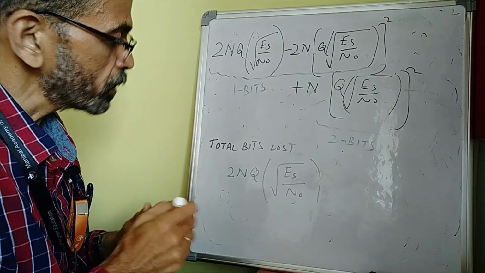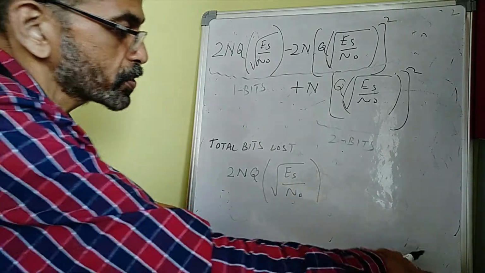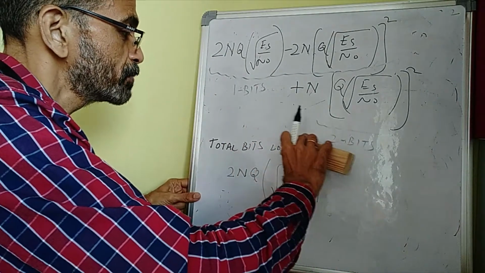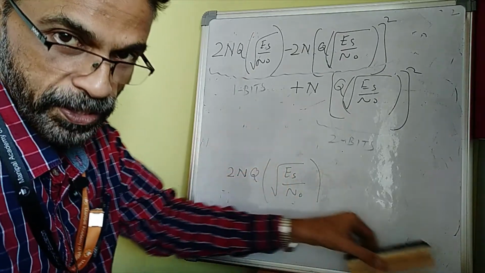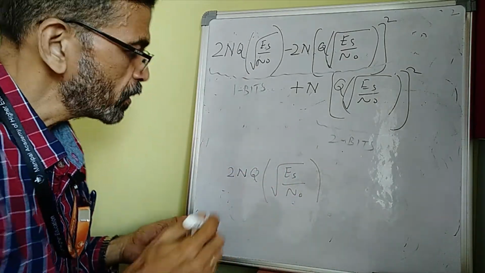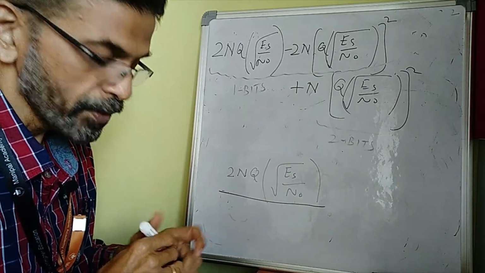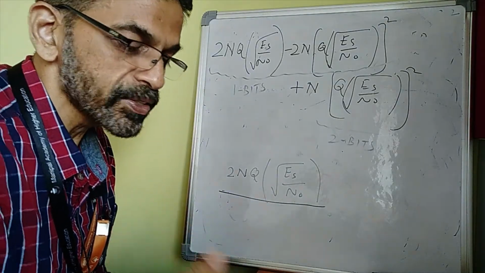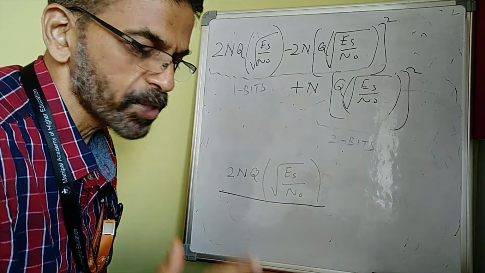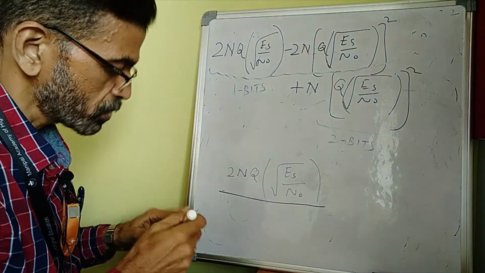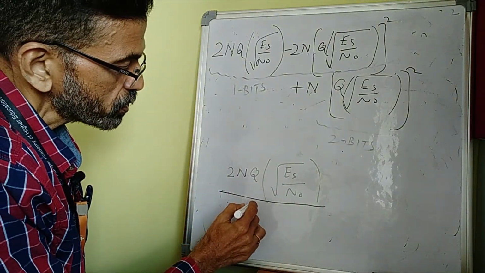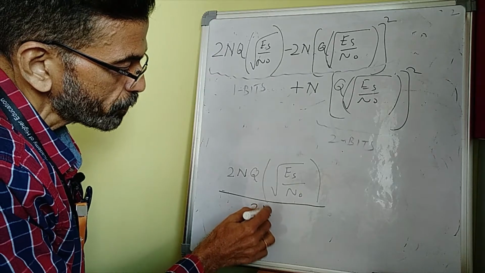Now if you divide the total bits lost by the total bits transmitted, you will get the bit error rate. So total bits lost divided by total bits transmitted. I told you that n symbols are transmitted and each symbol is made up of 2 bits. So total bits which were transmitted is equal to 2n, n into 2.